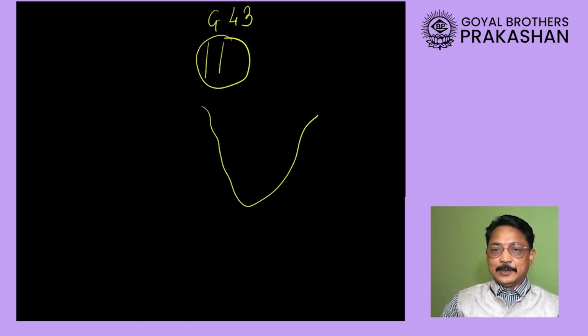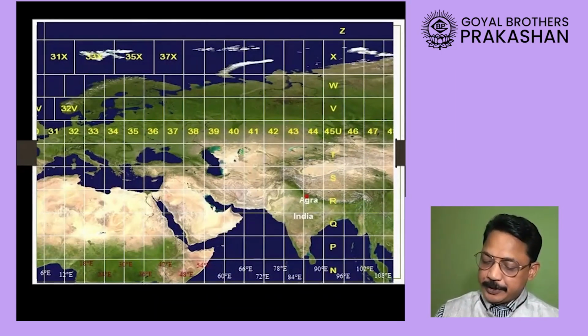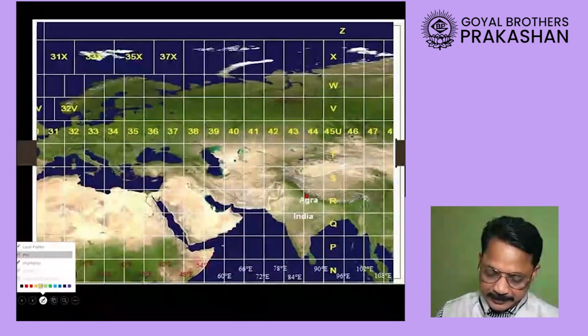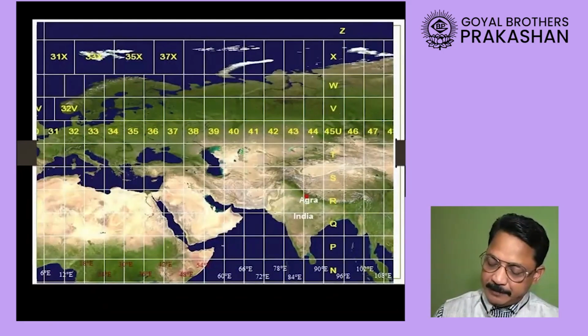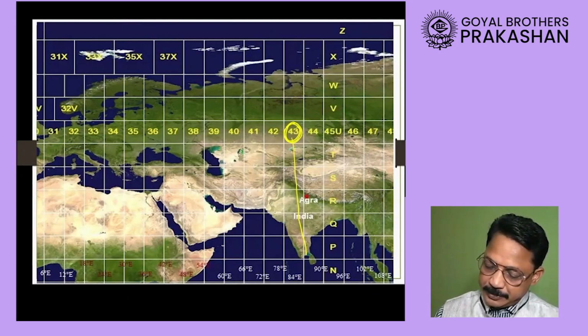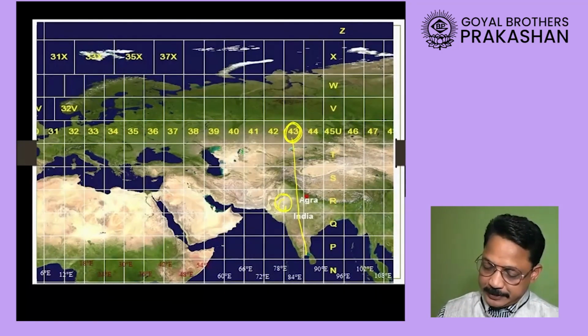On the world map, dear students, how will this 43 appear? We have seen that when we start moving from west to east, by the time we come to India, we find this number 43, which corresponds with India, and we go vertically upward. When we come to this region, we have already seen how this number has got the alphabet G associated with it.